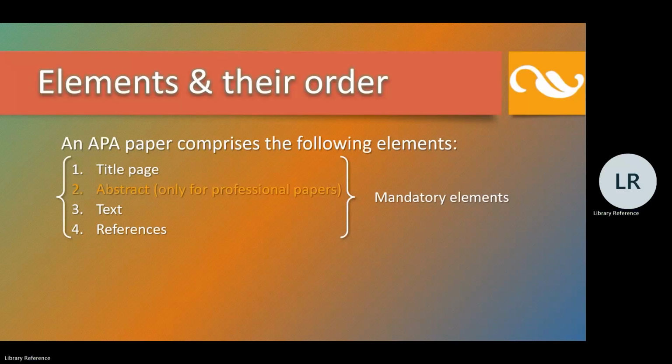So, a professional paper has 4 mandatory elements: the title page, the abstract, the text, and the references. A student paper has 3 mandatory elements: the title page, the text, and the references. Apart from those, there are some additional elements which are optional.